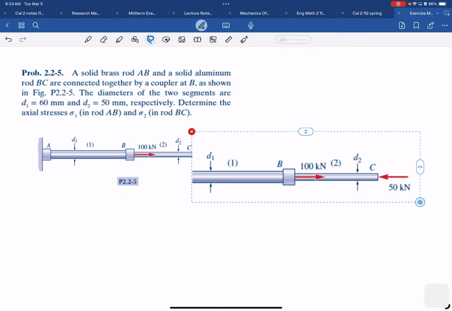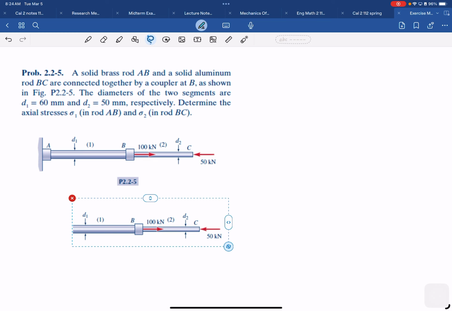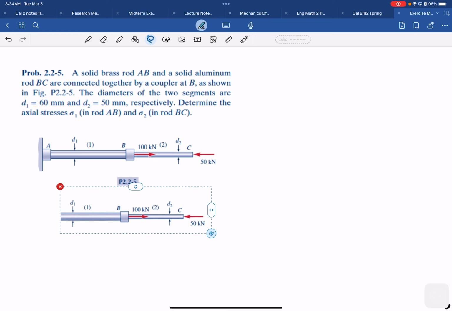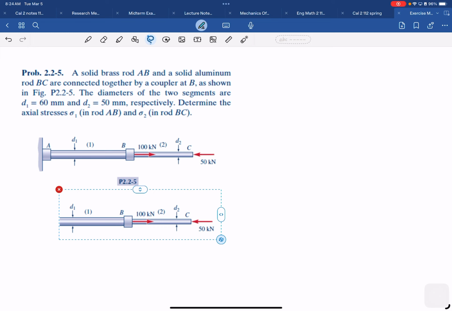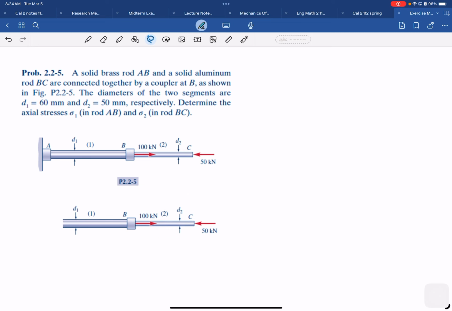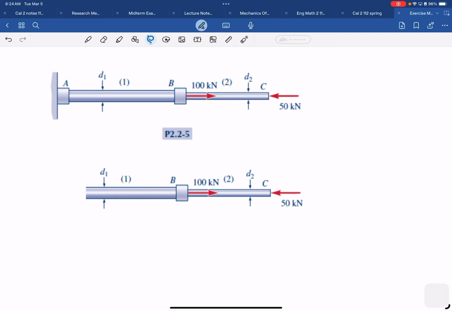Okay, now this is the first part, and I make it similar. So we cut open this, and when we cut open the first one, we are going to have this as our F1.